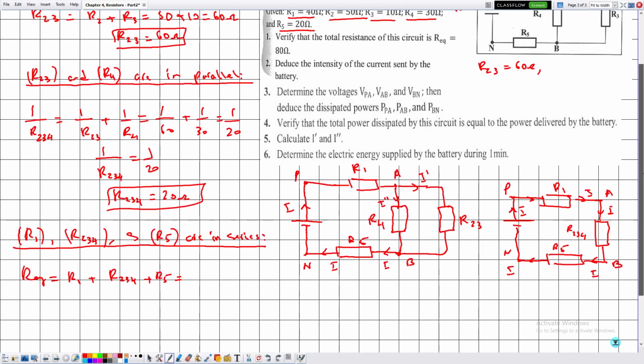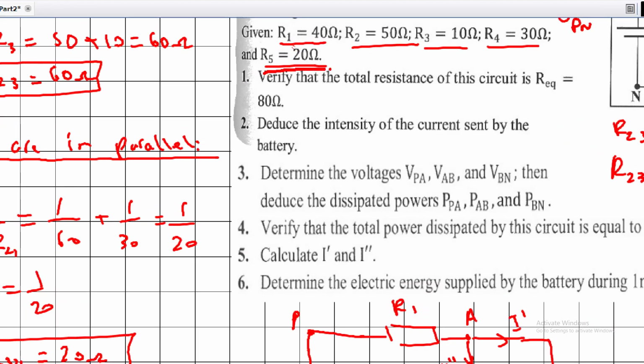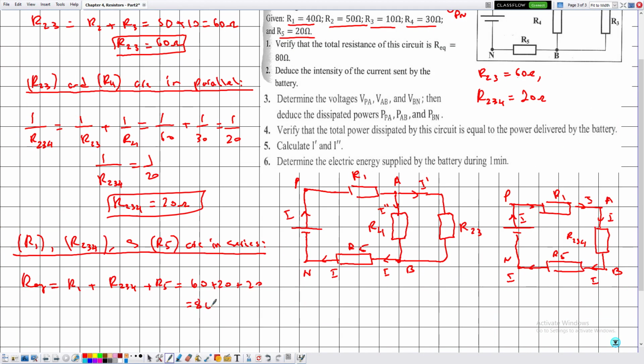Here let me say that R2, 3, 4 is equal to 20 ohms. So the equivalent resistance is given by 60 plus 20 plus R5, which is 20 here, which is equal to 80 ohms. Sorry, this will be 100. Why?